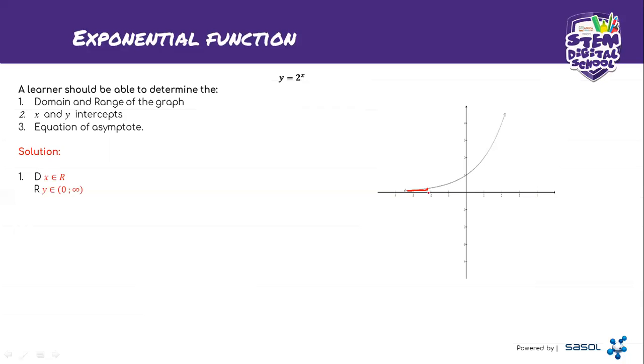Okay, so since the asymptote that we're looking for is moving horizontal, it's very clear that it's going to cut the y-axis at 0, right? Then look at the range now. It says 0 to positive infinity, meaning the graph goes from 0 to positive infinity.